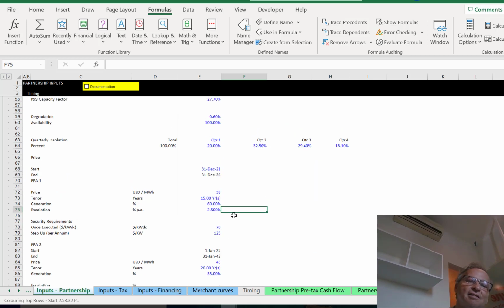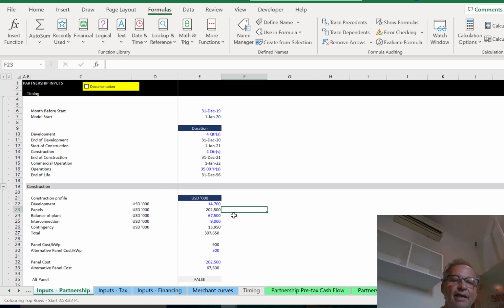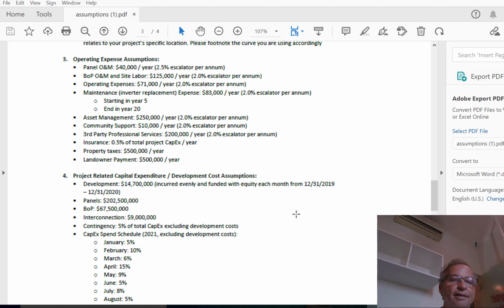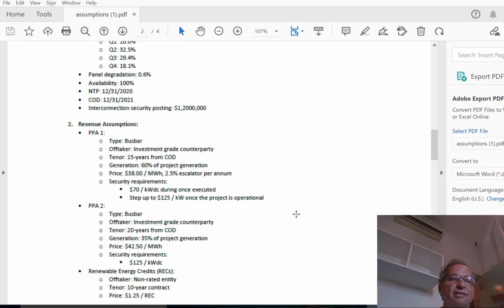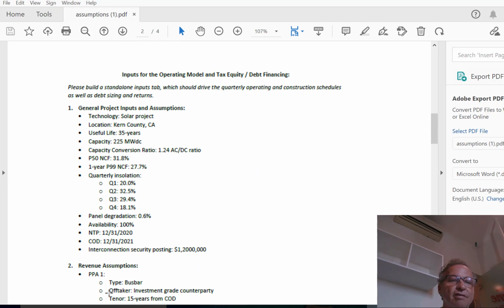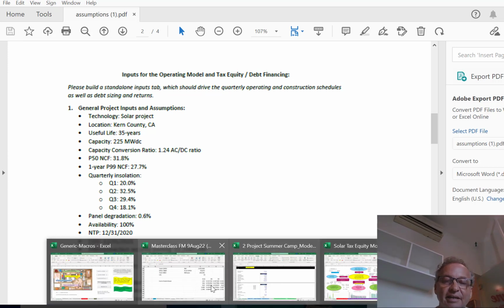But we've got a little bit of a problem. And our problem is that in the assumptions, they started and they said this net capacity factor, and then they have this ridiculous AC to DC ratio. And what we should do is whenever we put this in, put it in properly.